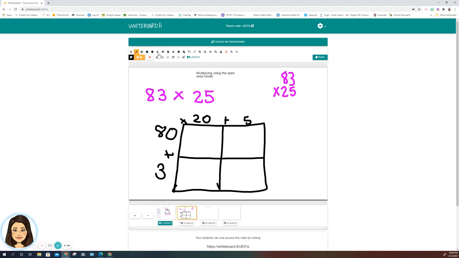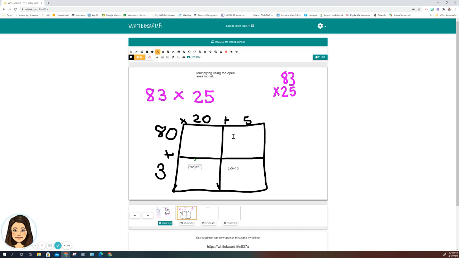The first thing we're going to multiply, we start down here. 3 rows times 5 columns. 3 times 5 equals 15. In this one, we multiply 3 rows times 20, and that equals 3 times 2 is 6. Drop your 0, which is 60.